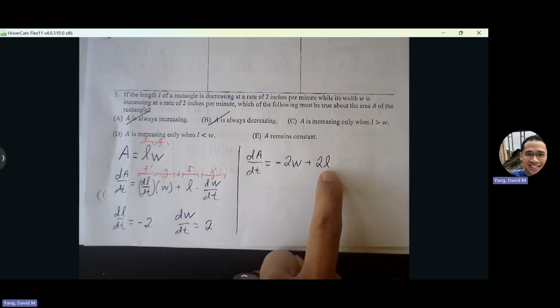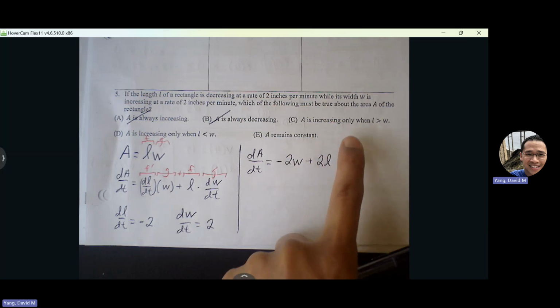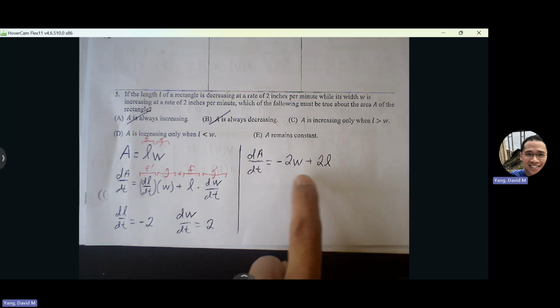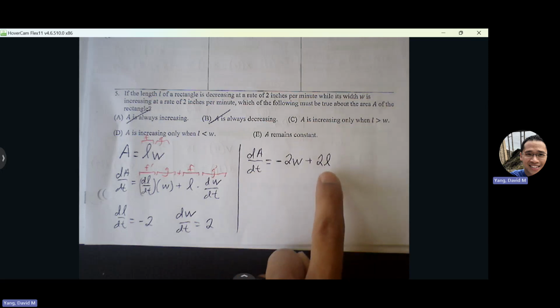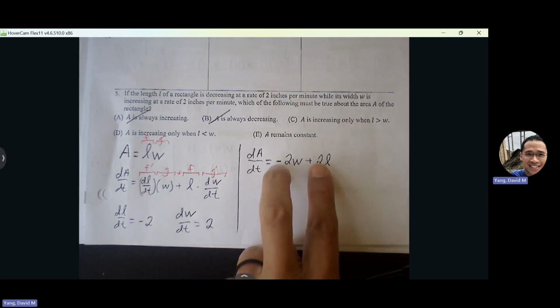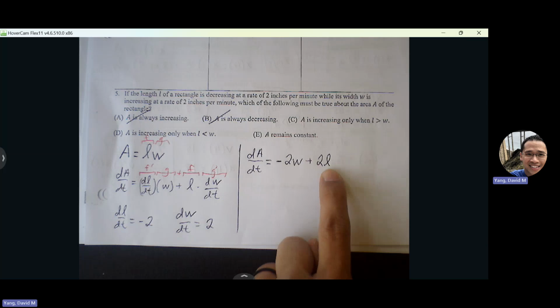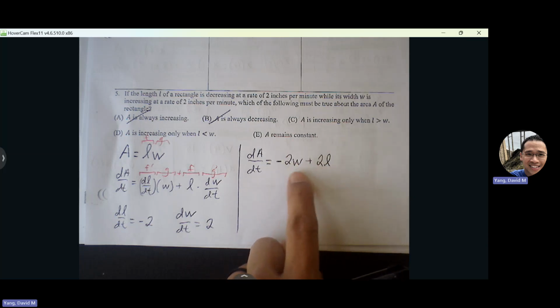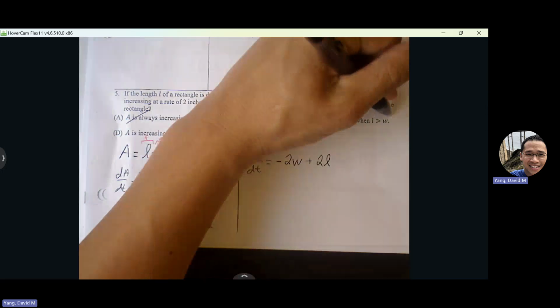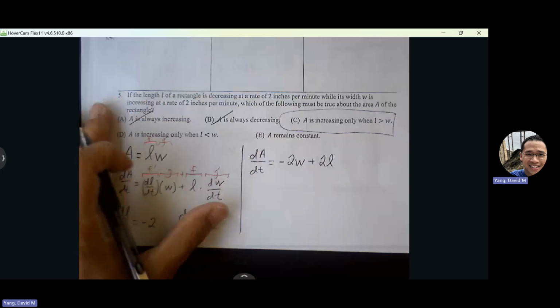Yes. In this case, we have a condition that's strong enough to make this always a true statement. Because they have similar coefficients, one positive and the other negative, if L is greater than W, then 2L will be greater than 2W, and that will ensure a positive value. So this should be true, but let's ensure that the other ones are false.